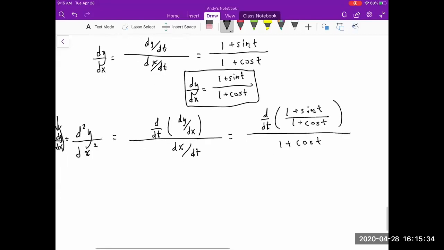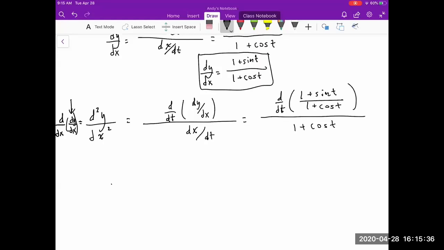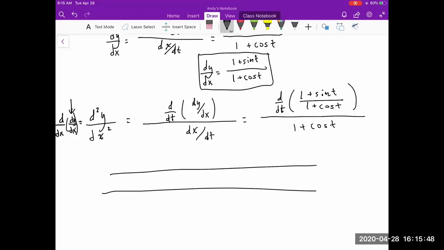So from quotient rule, let's see if we can recall the quotient rule. So quotient rule will be all over the bottom squared. So it's going to be 1 plus cosine of t all squared for the denominator squared.